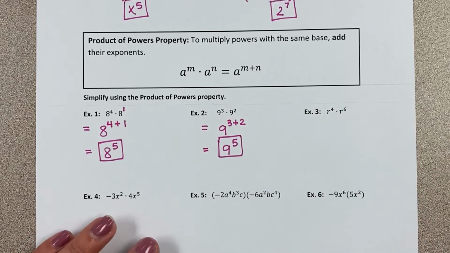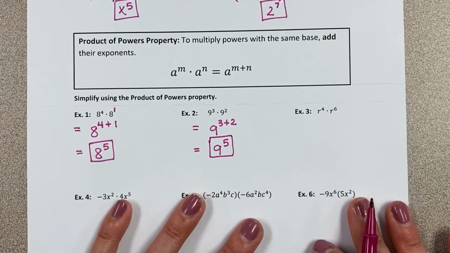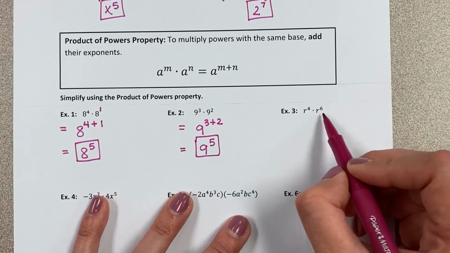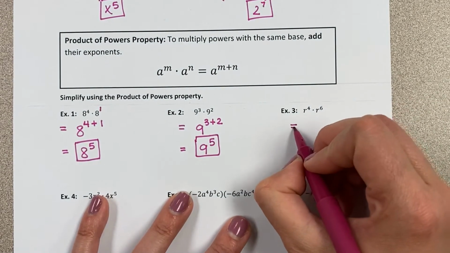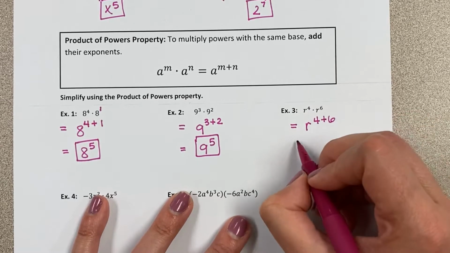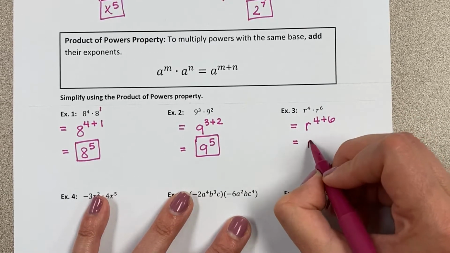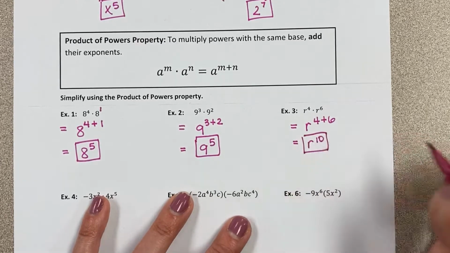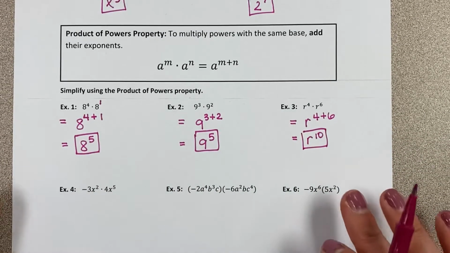Leave it with an exponent. All right, example 3, r to the fourth times r to the sixth. They both have a base of r, so I'm able to use the same rule. I'm going to do 4 plus 6. When we do that, we get r to the 10th, and that's our answer.